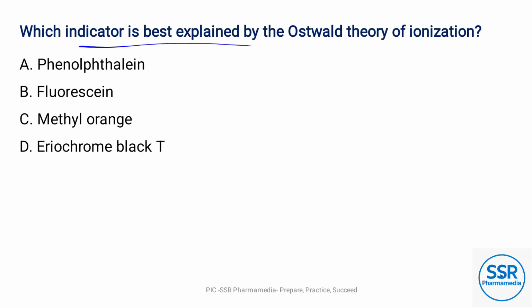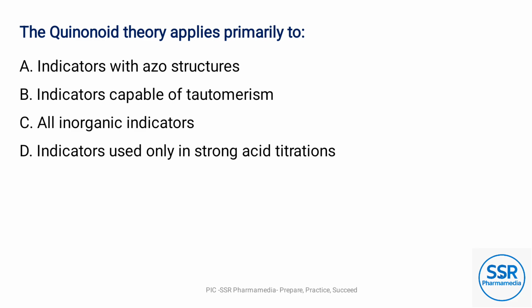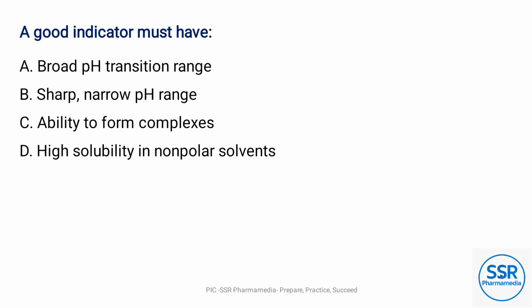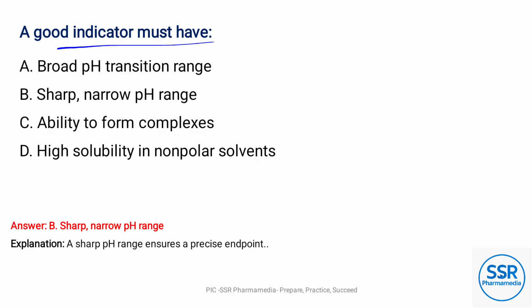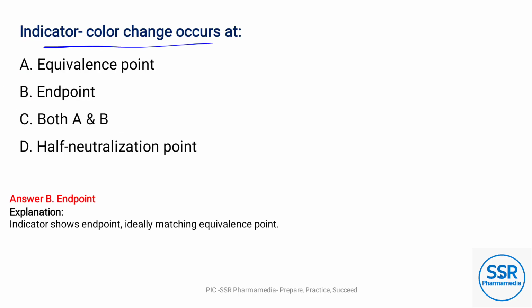Which indicator is best explained by Oswald theory of ionization? Option C, methyl orange. Quinonoid theory applies primarily to, option B, indicators capable of tautomerism. A good indicator must have, option B, a short, narrow pH range. Indicator color change occurs at, option B, endpoint.